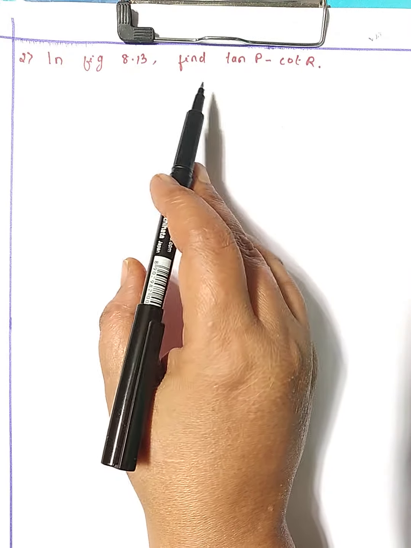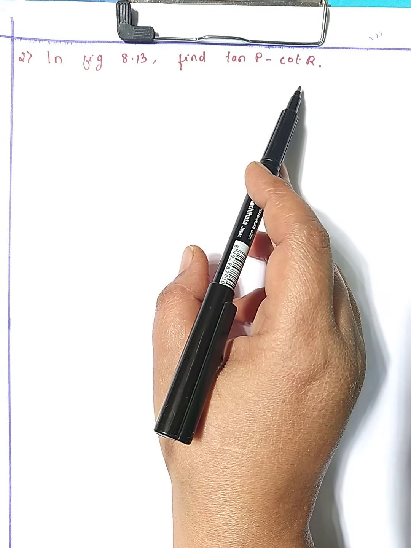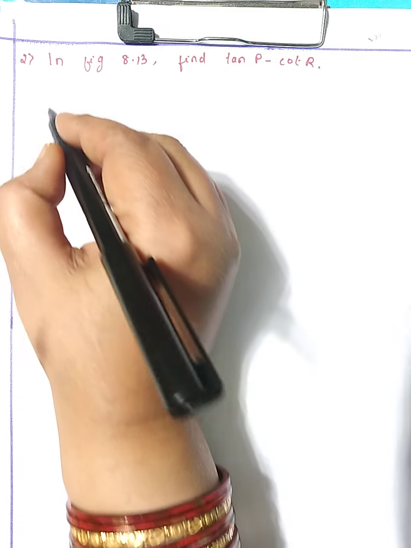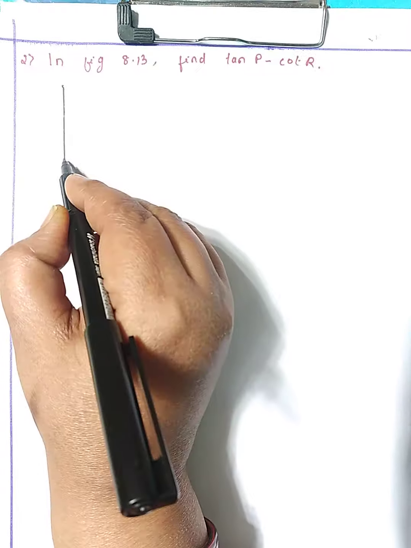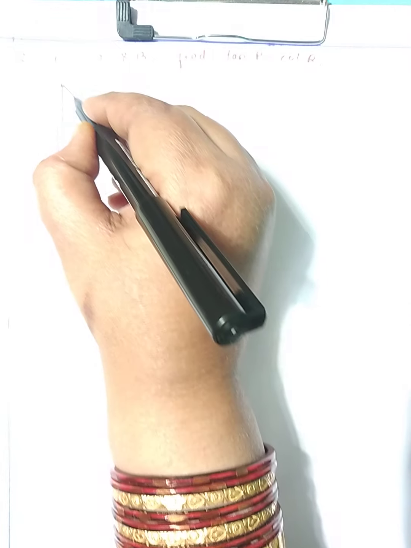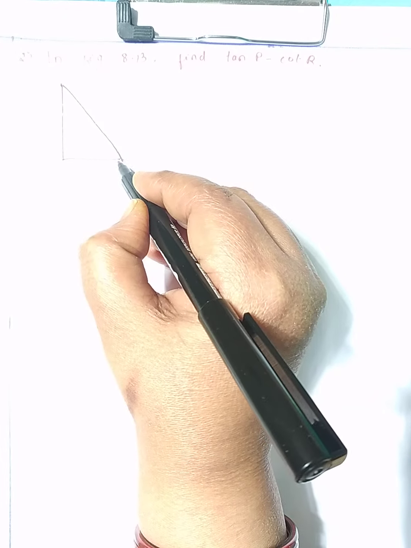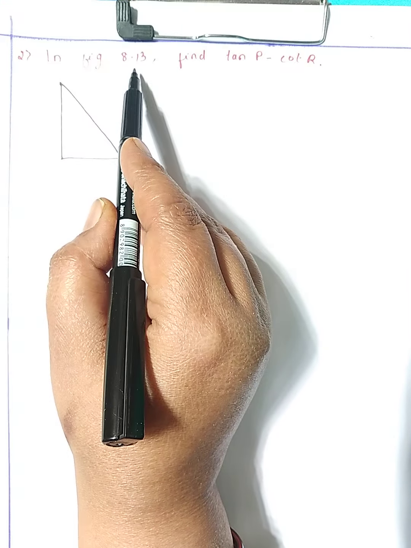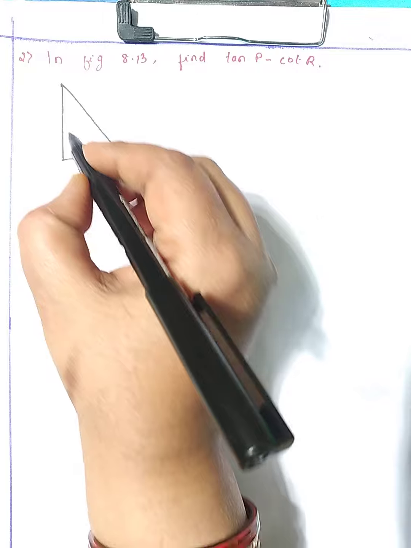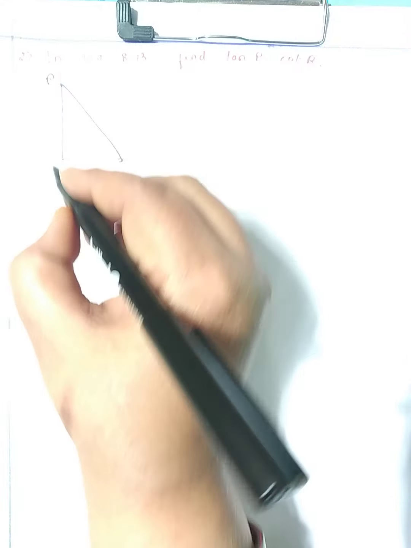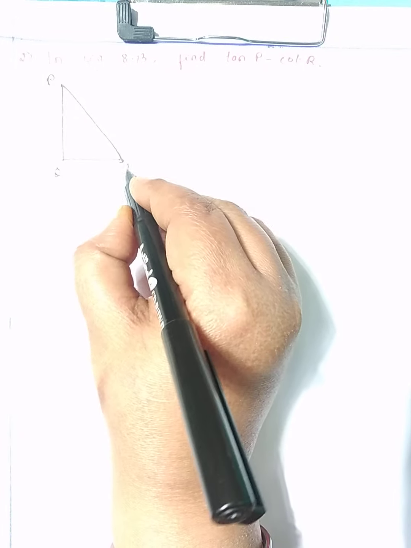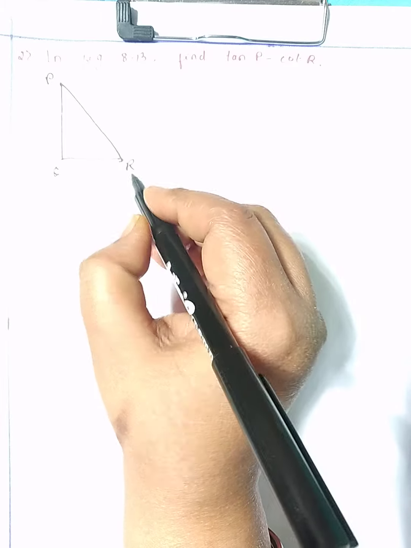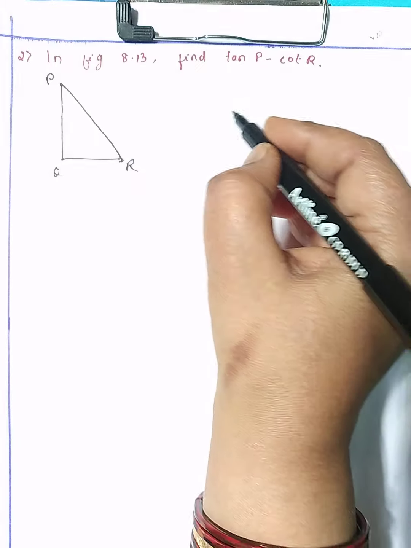Now the second question of the exercise is, in figure 8.13 find tan P minus cot R. Again draw a right angle triangle. It is given that in figure 8.13 in the textbook, the figure is there, P Q R. What is given here?